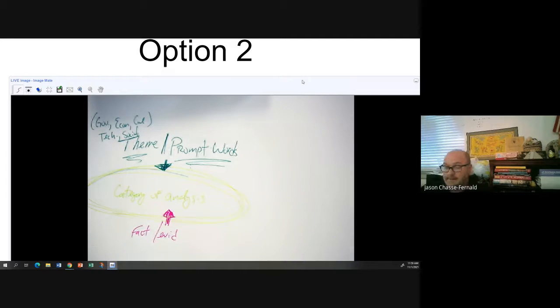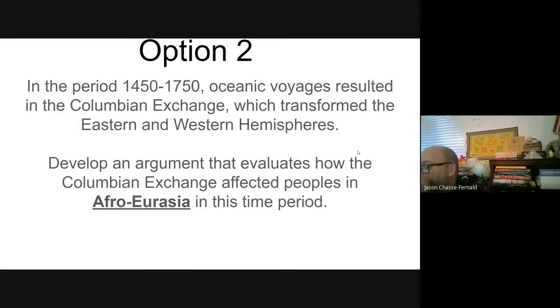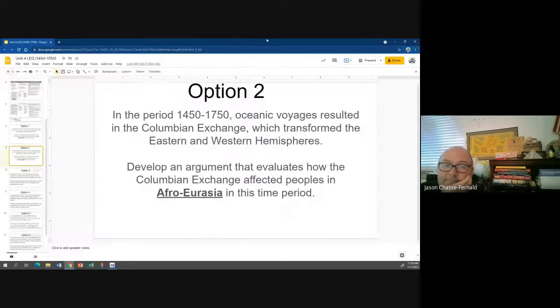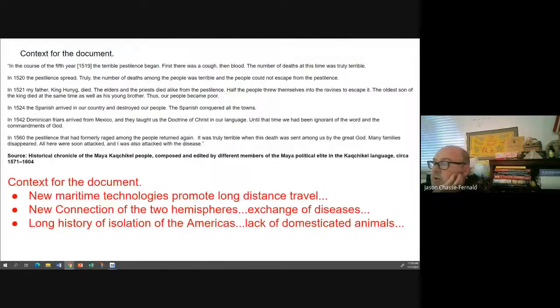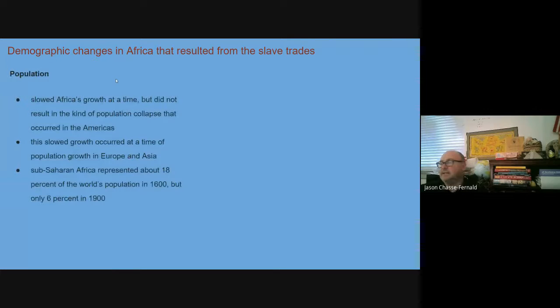So that being said, why don't you take a moment, look at your homework, and try to come up with a category of analysis for this prompt. In class, I did give an example of something you might be able to do. Take something like looking at the demographic changes in Africa that resulted in the slave trade.